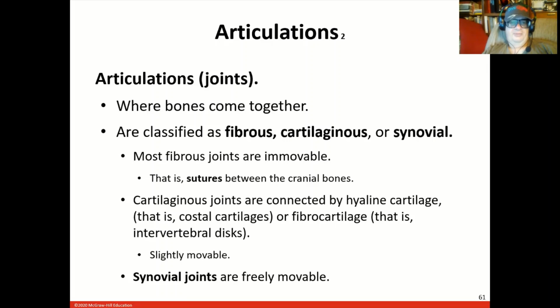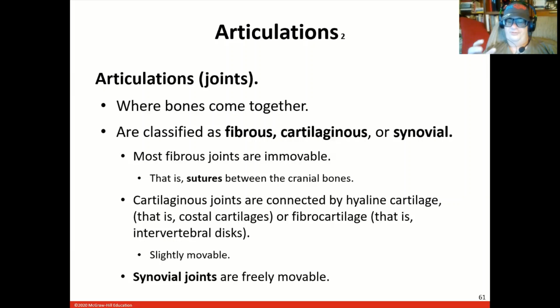Where bones come together, we have fibrous joints, cartilaginous joints, and synovial joints. Fibrous joints don't move much at all. So sutures between the cranial bones, like here we have the sagittal suture, and here we have the coronal suture. And then on the back, we have the lambdoidal suture.